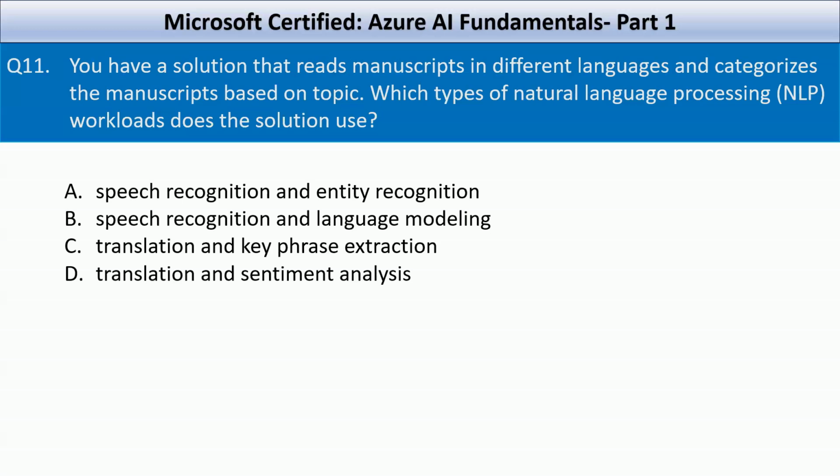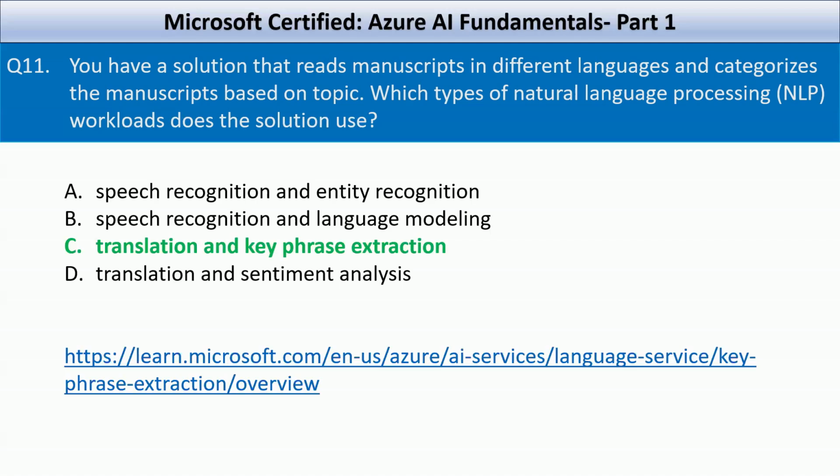Now, folks, the keyword in these questions are read manuscripts, which means we are looking at text processing, and then the other keyword is different languages, which implies the need of translation, which is why the correct answer is option C, translation and key phrase extraction.